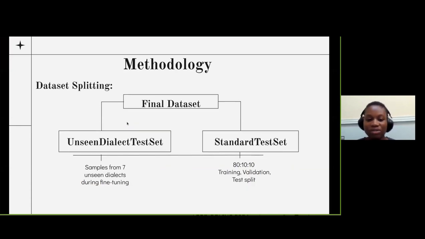And after we've brought out these 7 unseen dialects, the remaining data set was created randomly through the 80-10-10 split. And the second test set there was now used as our second validation data set.